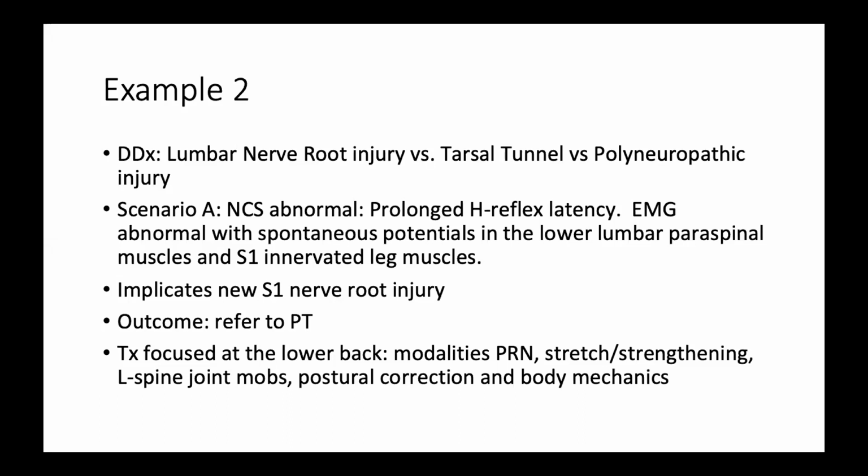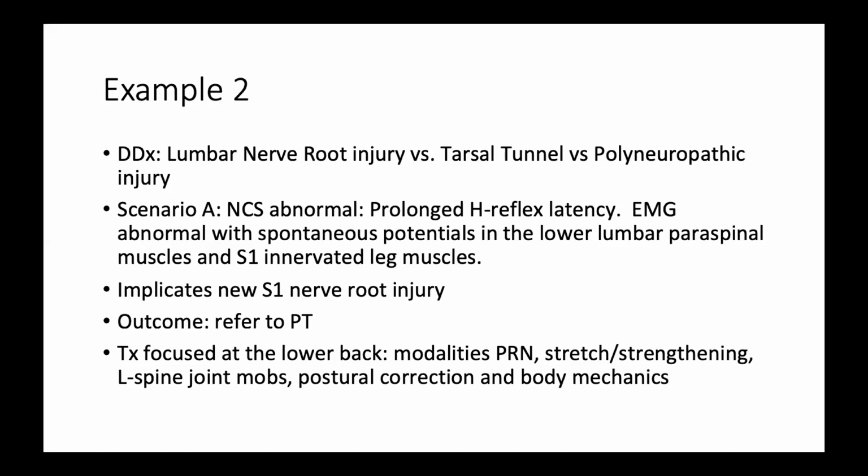Hamstrings can often cause a lot of tightness and pelvic misalignment, tight hamstrings, tight hip flexors, strengthening of the lumbar spine, the pelvic and core muscles, but also lower extremities. Lumbar spine joint mobilizations could be possible depending on the physical assessment and the intervertebral assessment. Postural correction and body mechanics.